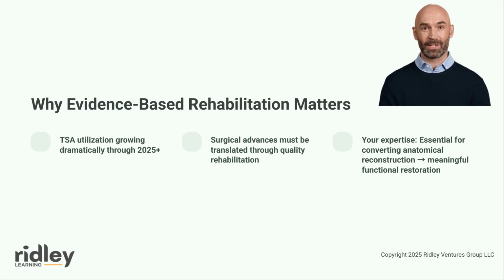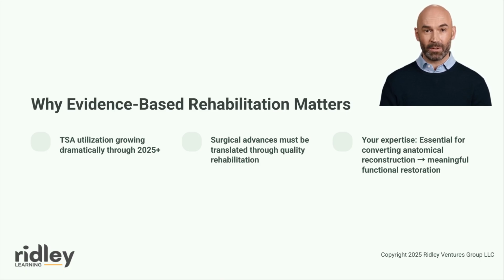The dramatic expansion of shoulder arthroplasty utilization over the past decade, with projections suggesting continued growth through 2025 and beyond, underscores the critical importance of evidence-based rehabilitation as a determinant of surgical success. While surgical technique and implant design have advanced substantially, the postoperative rehabilitation process remains essential for translating the anatomical reconstruction achieved in the operating room into meaningful functional restoration in patients' lives.